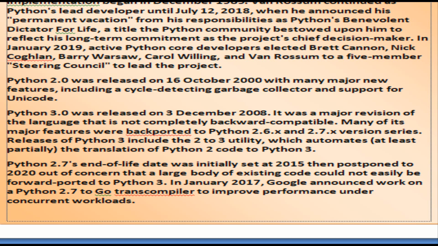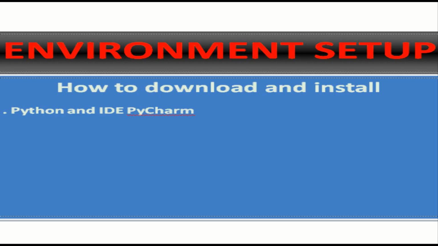In January 2007, Google announced work on a Python 2.7 to Go transcompiler to improve performance under concurrent workloads.